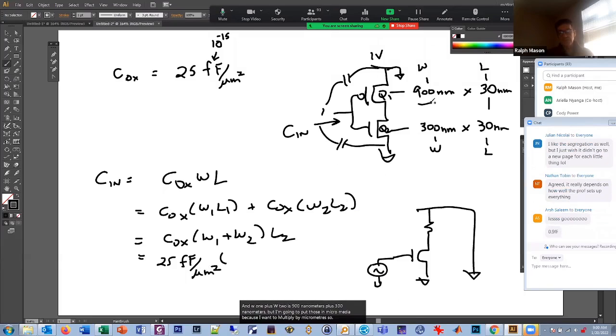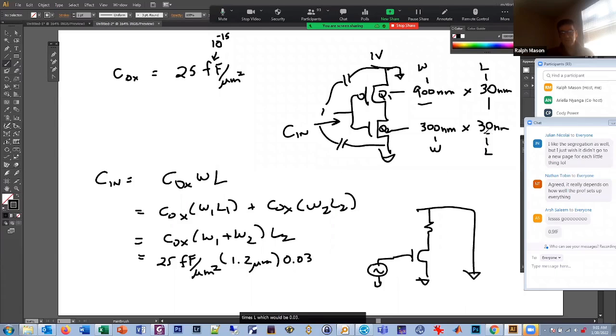A nanometer is a thousandth of a micrometer, so this would be 0.9 plus 0.3, which is 1.2 micrometers, times L, which would be 0.03.